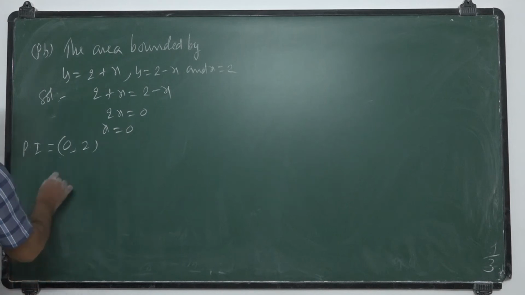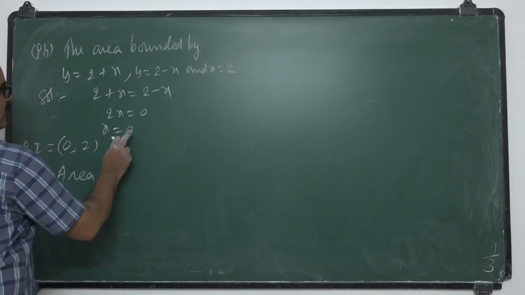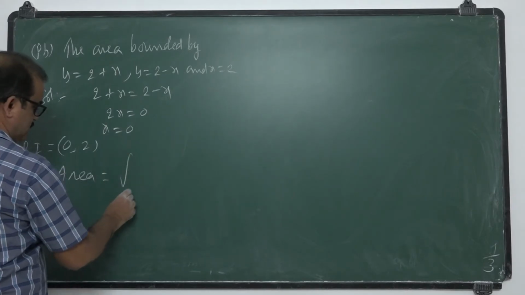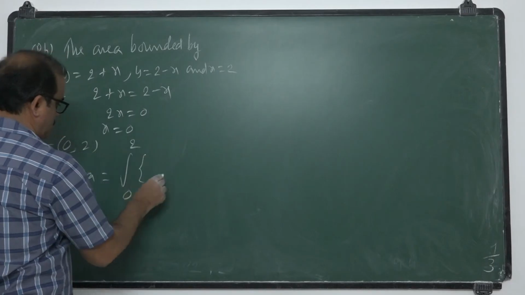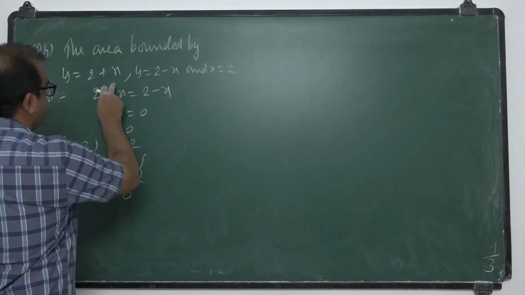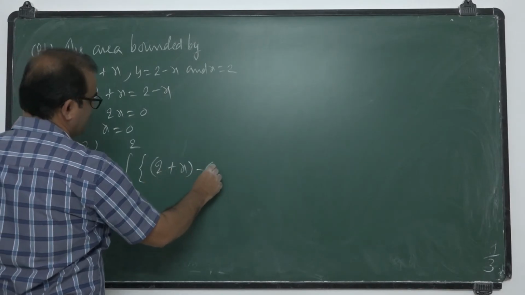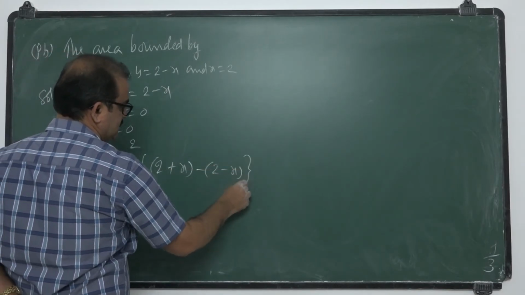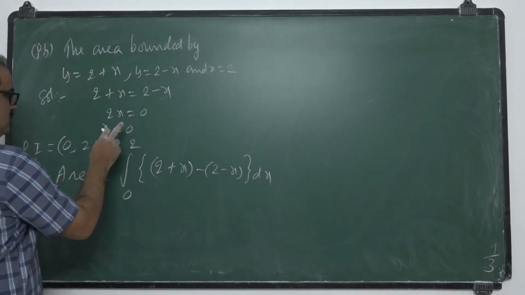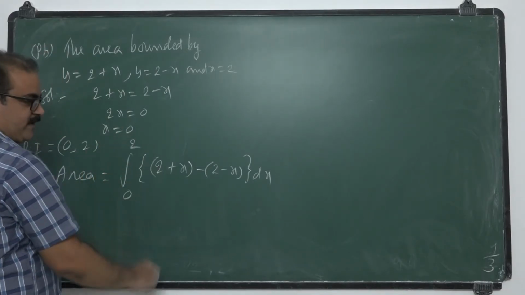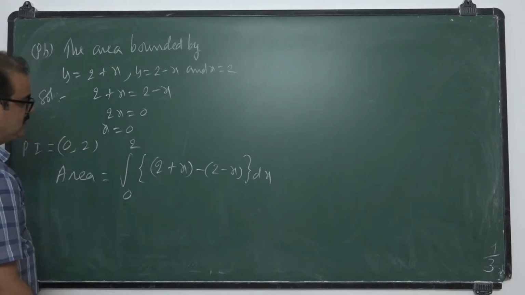Now area is equal to, what is the lower limit? 0. What is the upper limit? 2. Integral 0 to 2 of f of x minus g of x, 2 plus x minus 2 minus x into dx. When the limits are known, then directly we find the area. Now integrate and apply the limits.